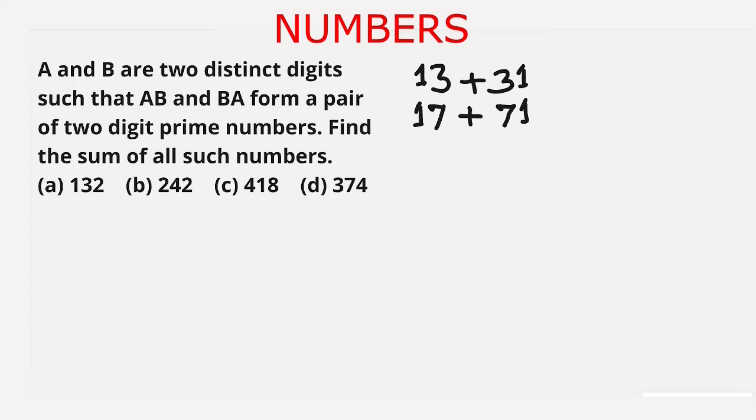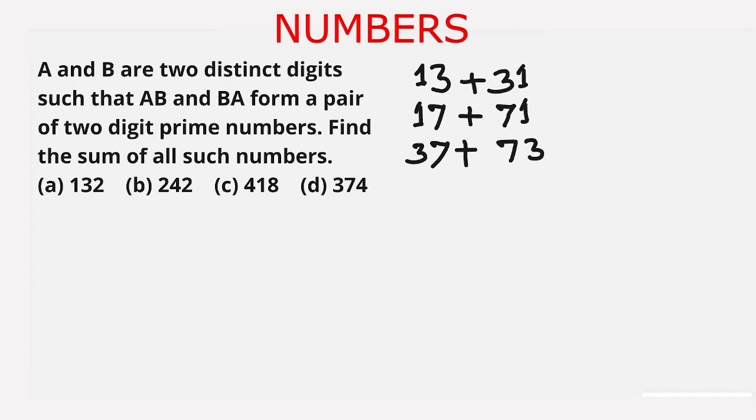After 31, the prime number is 37. 37 on reversing gives 73. 37 is prime as well as 73 is prime. So the next pair is 37 plus 73.